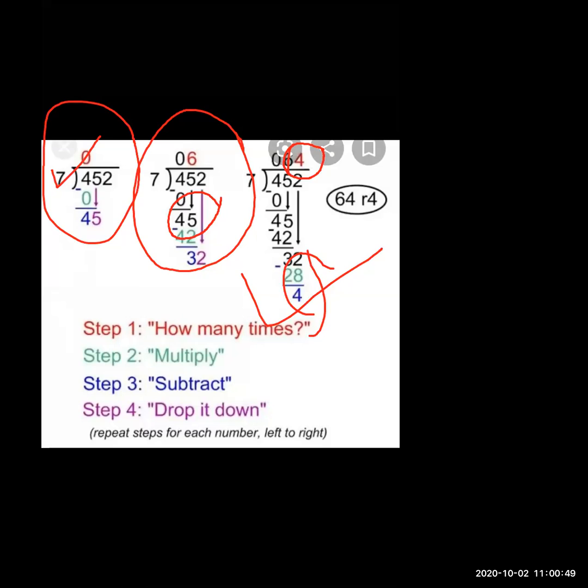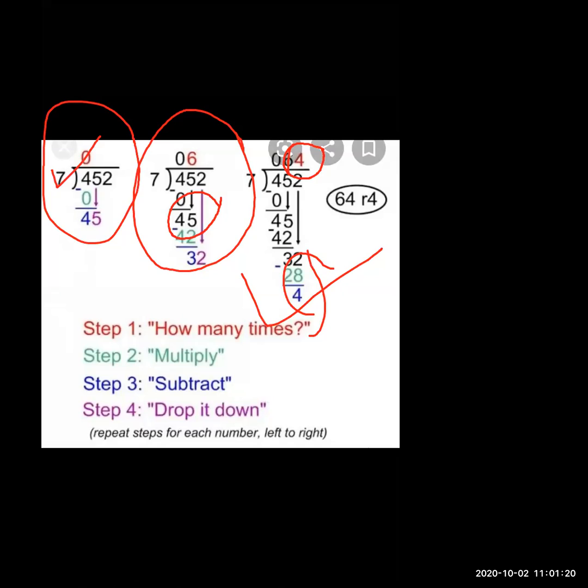Very good. 64 is the quotient. Okay. 452 is what? Give me the answer. 452 is the dividend.